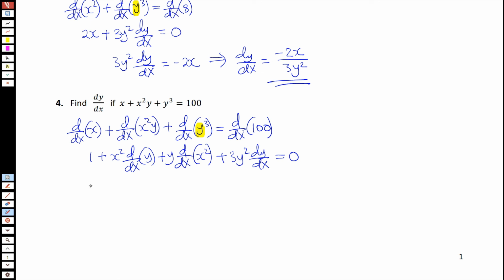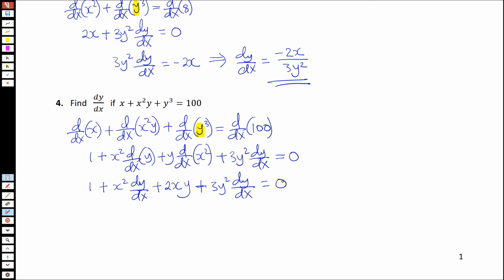So here we'll have 1 plus x squared dy over dx plus a derivative of x squared is just 2x, and then multiply by y, so 2xy, and then plus here you have 3y squared dy over dx is equal to 0.